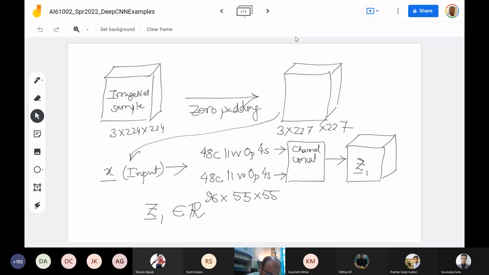Instead of taking 96 convolution kernels all together and generating Z1, I took a bank of 48 kernels and again 48 kernels, then concatenated them along the channel dimension, which is Z1 over here. So the question which comes up is: why do I do that? Now let's analyze this closely.